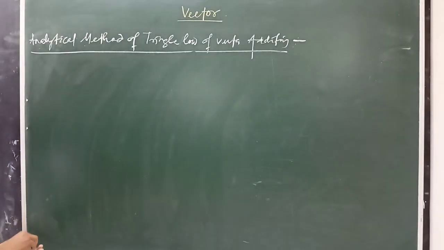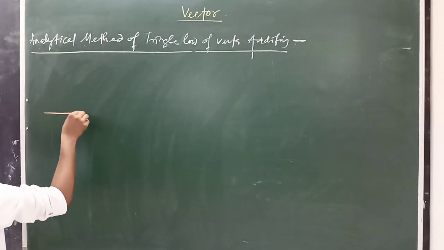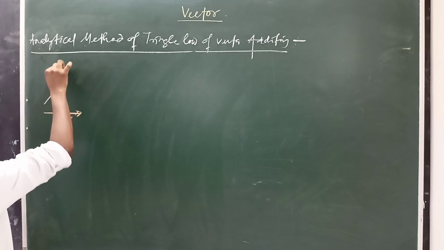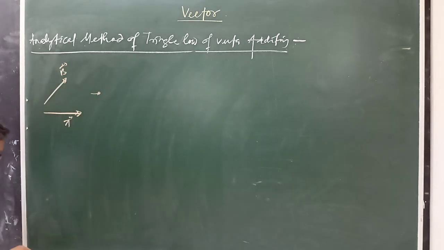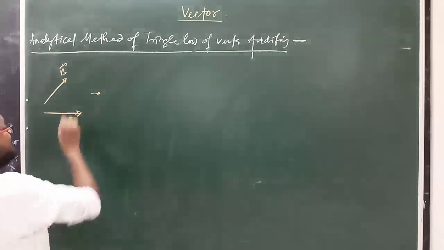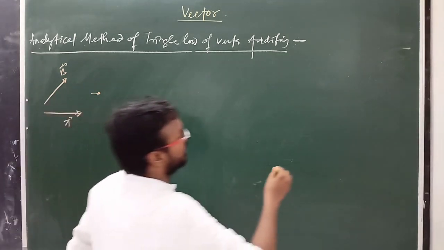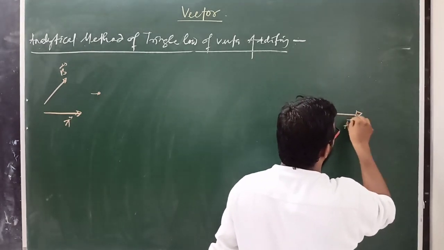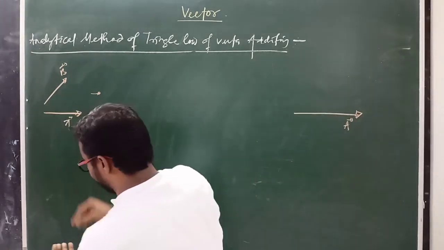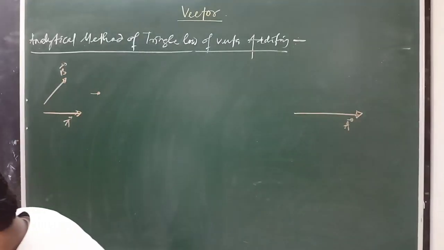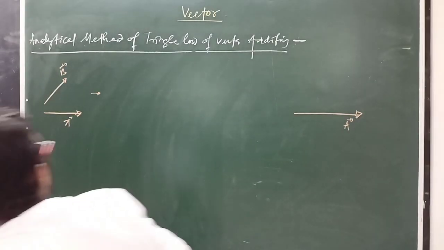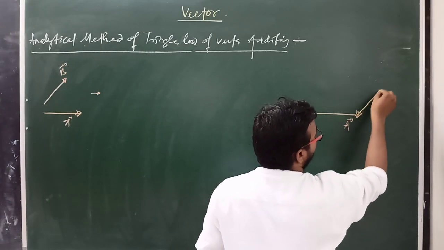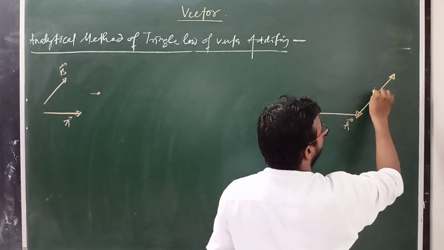Suppose there is one vector, A vector, and another one here, B vector. By using triangle law of vector addition, first shift A vector. I am writing here, this is vector A and second one is B vector.